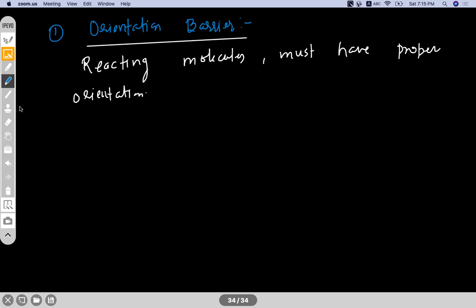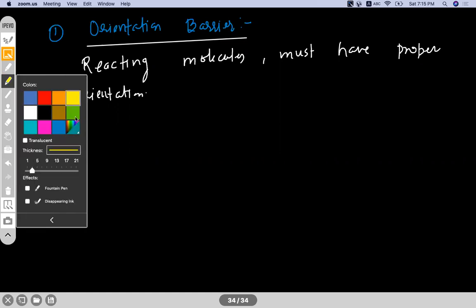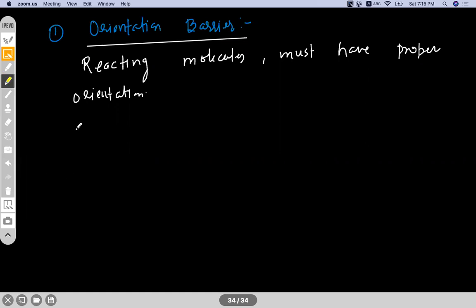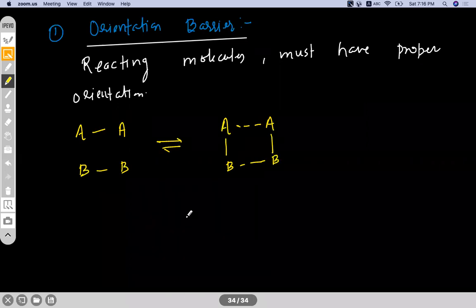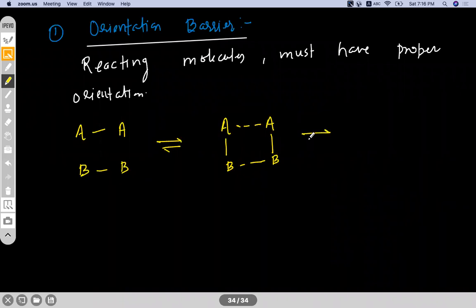Suppose A and B, if two molecules are colliding, they will have an intermediate where the A-A bond is about to break, the B-B bond is about to break, and the A-B bond is about to form. And then eventually the A-A and B-B bonds break, and we get A-B and A-B.